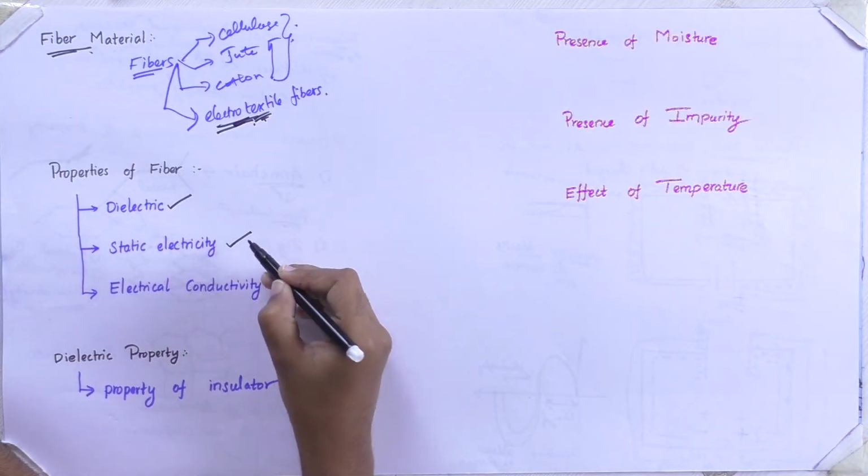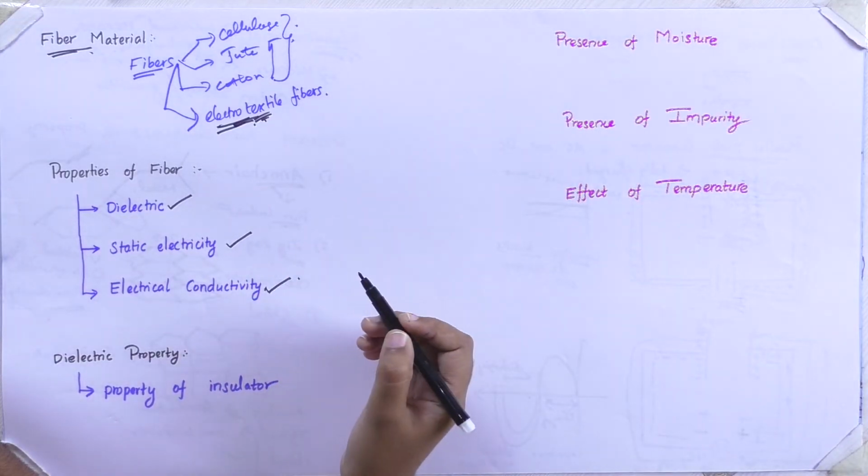There are different properties of textile fibers. The major things on which the insulation properties of a fiber depend are the dielectric property, static electricity and electrical conductivity.